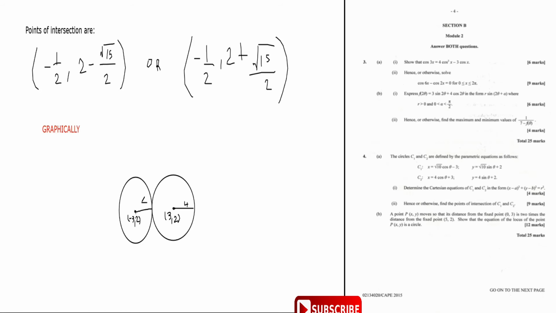This radius is the root of 10. All right, so this is the circle that we have. All right, these are the two circles. This is going to be C2 and this is C1.